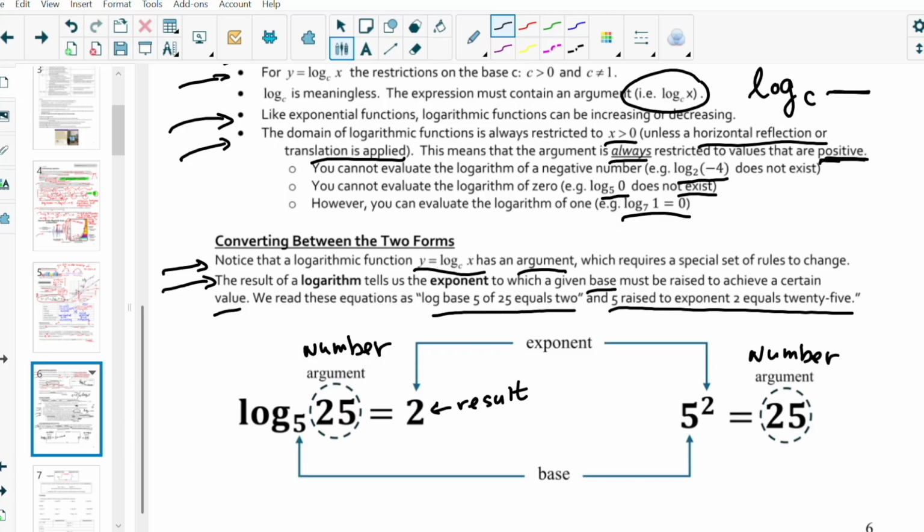Let's take a look at this handy chart to show you how the two are related. Exponent, exponent. Look at the placement of where all these values are. Argument, argument. Base, base.